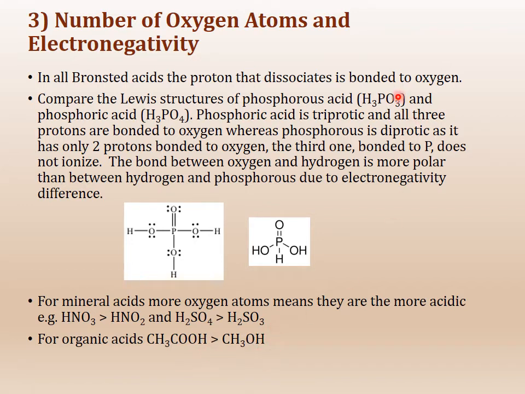When I was talking before about the proton that dissociates being bonded to the oxygen, this is what I'm referring to. There are these protons over here which are bonded to carbon, and this proton here which is bonded to oxygen. This proton is the acidic proton. This one is not acidic. Same thing over here with alcohol. This proton is the acidic one, whereas this one is not acidic because it's bonded to carbon, and that bond is not very polar.